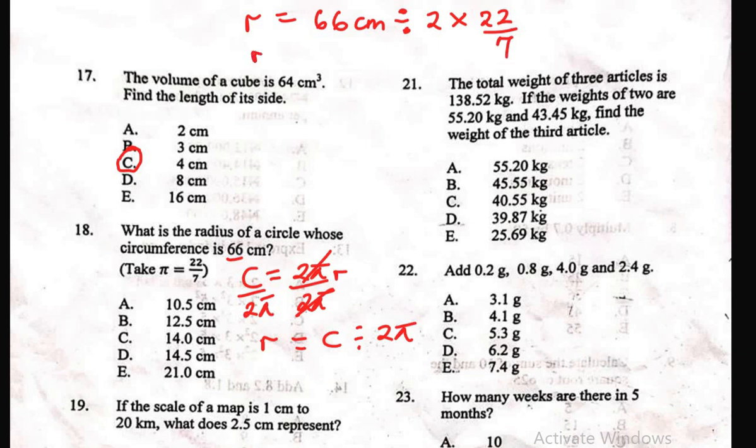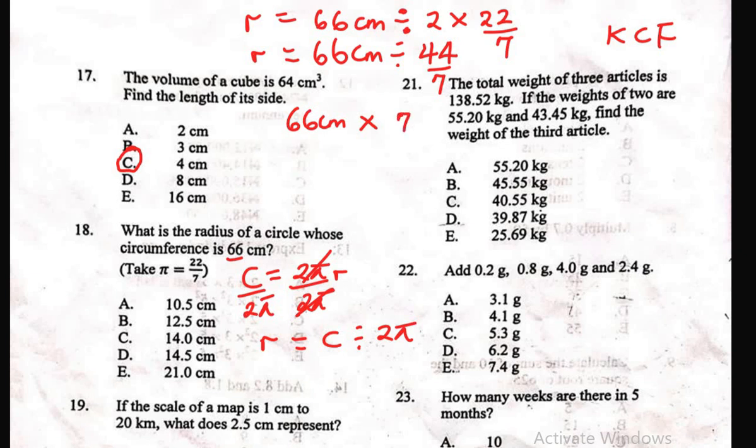So radius will give us 66 centimeters divided by 2 times 22, 44/7. Now we use the concept of KCF, keep the first whole number or fraction, which is 66 centimeters. Now that's the first value.